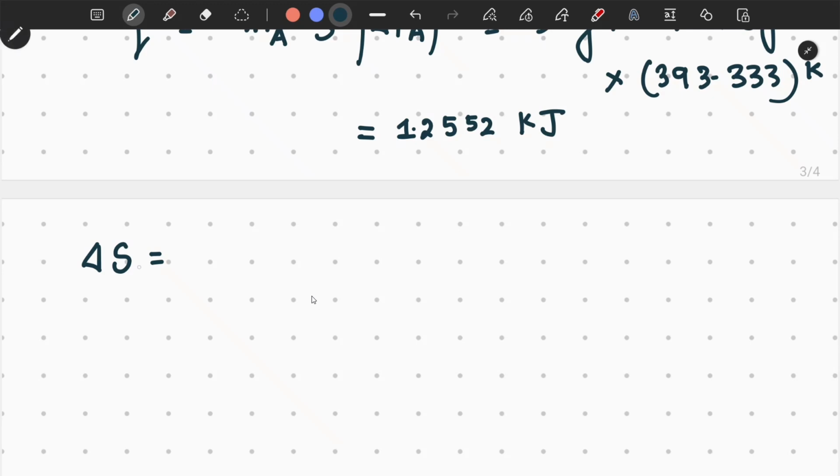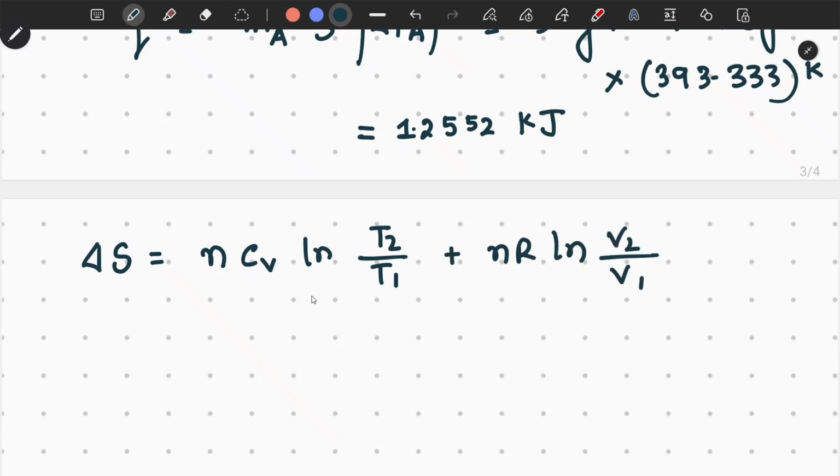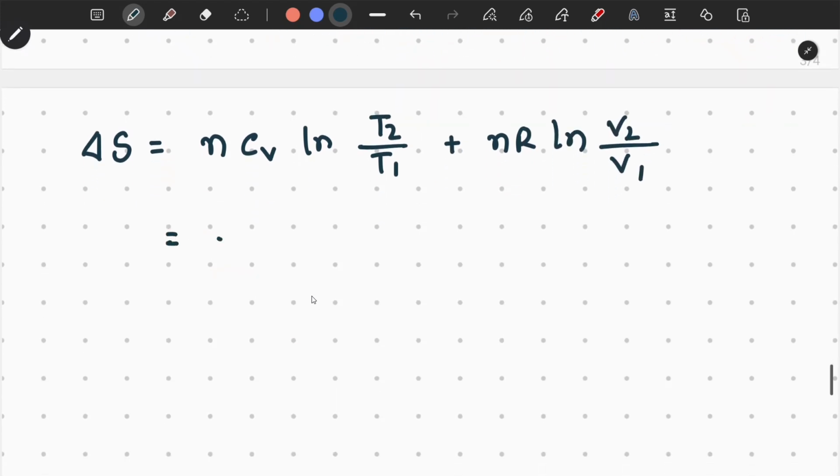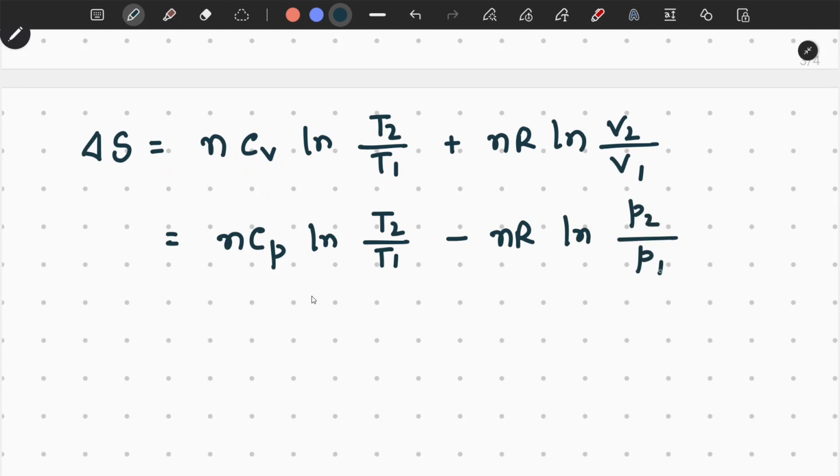If I want to write it, NCV ln T2 by T1 plus NR ln V2 by V1, or you can write NCP ln T2 by T1 minus NR ln P2 by P1. So which formula should you use?